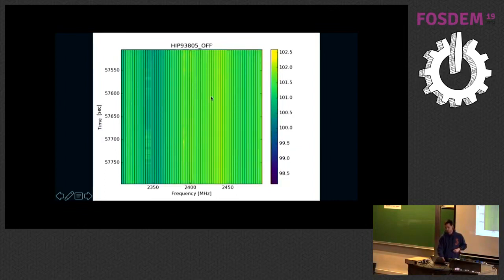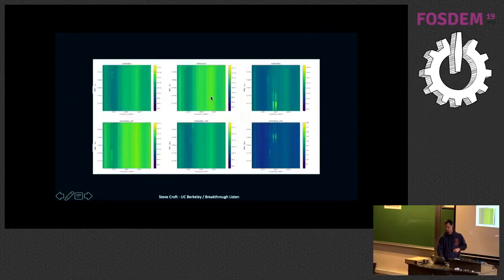And so this is looking at an example of their analysis. Here's 6 spectrograms of the same channelized data. They look at a star and then look just offset from the star, and then look back at the star, then look offset from the star, look back at the star, and then look offset from the star. And then doing that, they're looking for signals that basically just don't move.